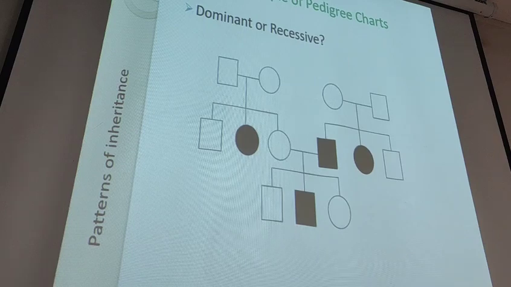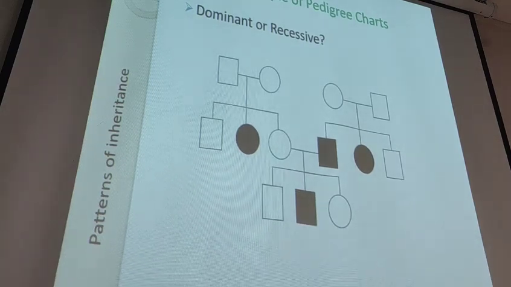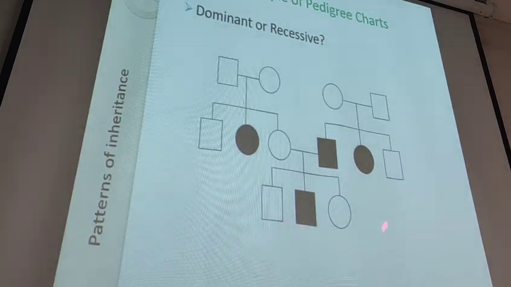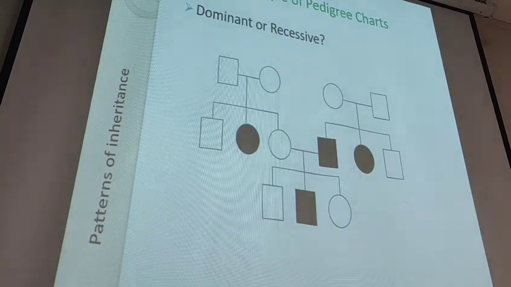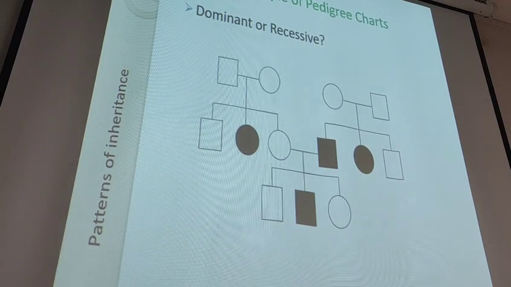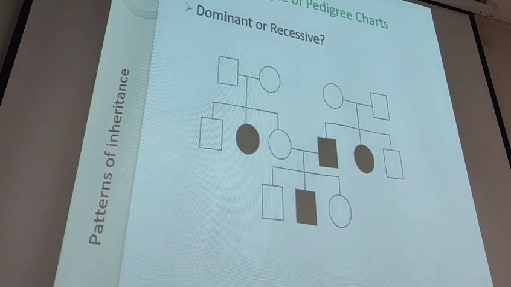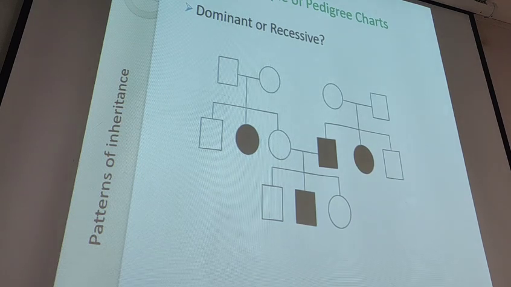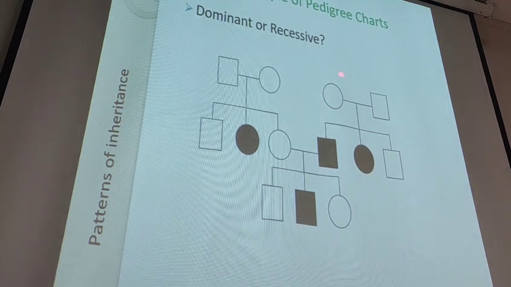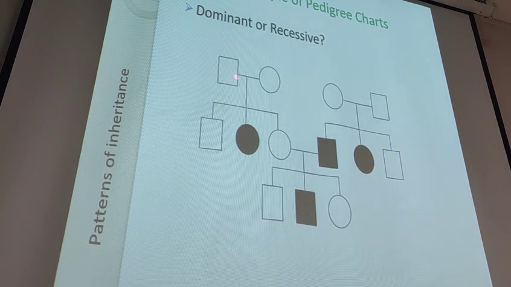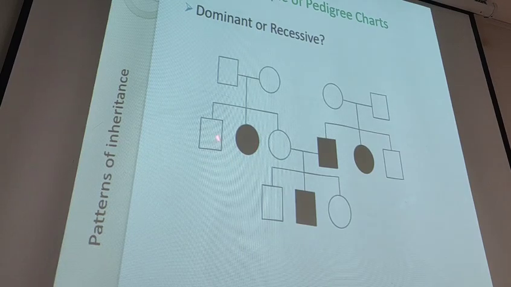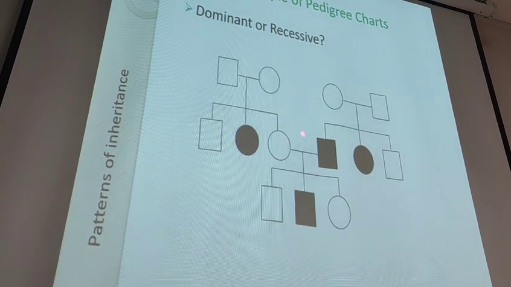For this slide, my question was, what is the pattern of inheritance in this pedigree? You said autosomal recessive, right? Why autosomal recessive? Because normal parents have affected children.